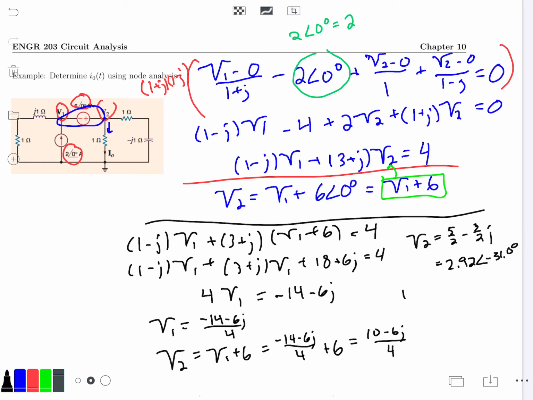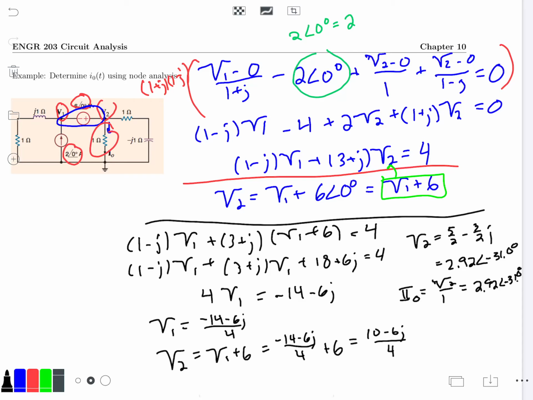And then finally, we are asked for I0. So I find I0 phasor first, which is V2, in this case, coincidentally divided by 1, because that's what the impedance is there. And so we're going to have the same answer in this case. Now normally you would not have the exact same answer, but this is what we have here.